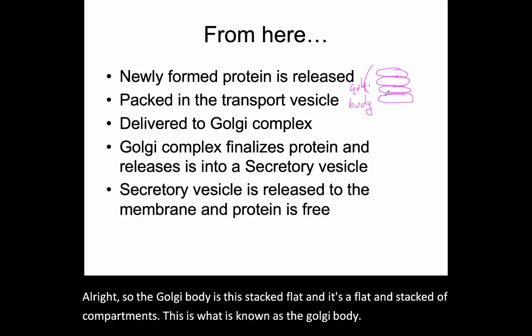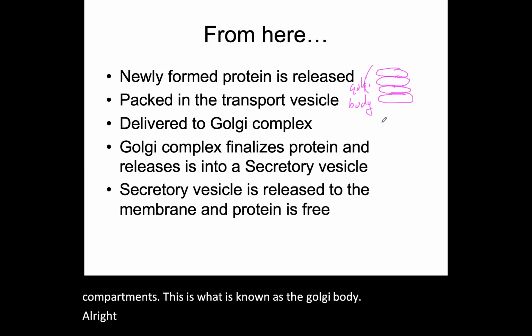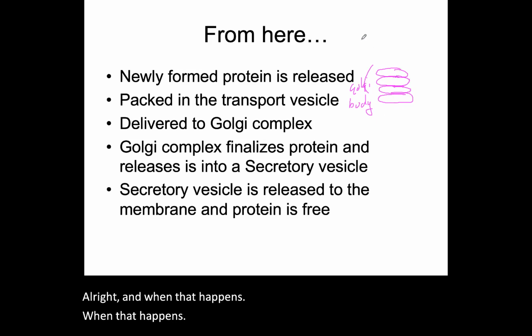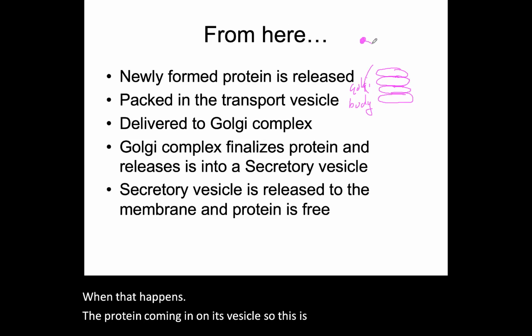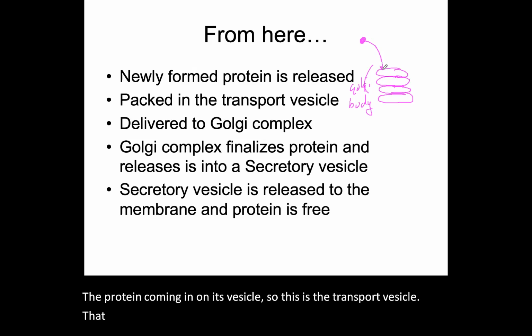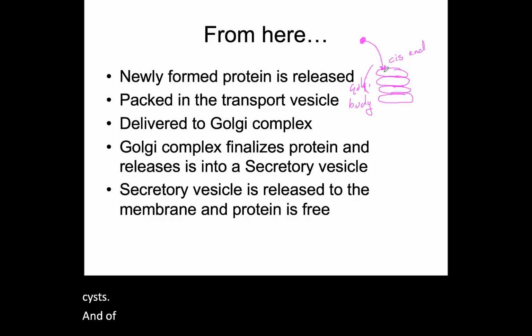All right, and when that happens, the protein coming in on its vesicle, so this is the transport vesicle, that transport vesicle binds to the Golgi body. This is called the cis end of the Golgi body.